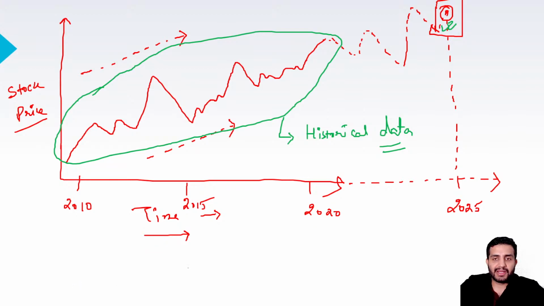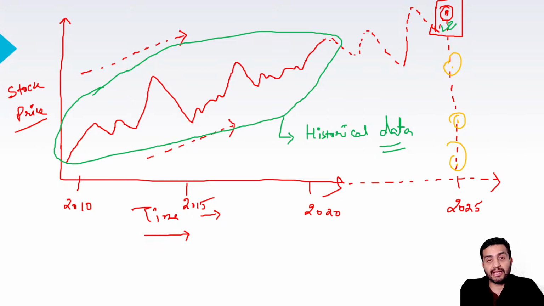I do not know what my history is. In the year 2025, it could still be here, it could be anywhere. I do not know where it would be, but since I have the historical data, I had some sense of where potentially the value of my stock price could be. That is where the learning comes into the picture.